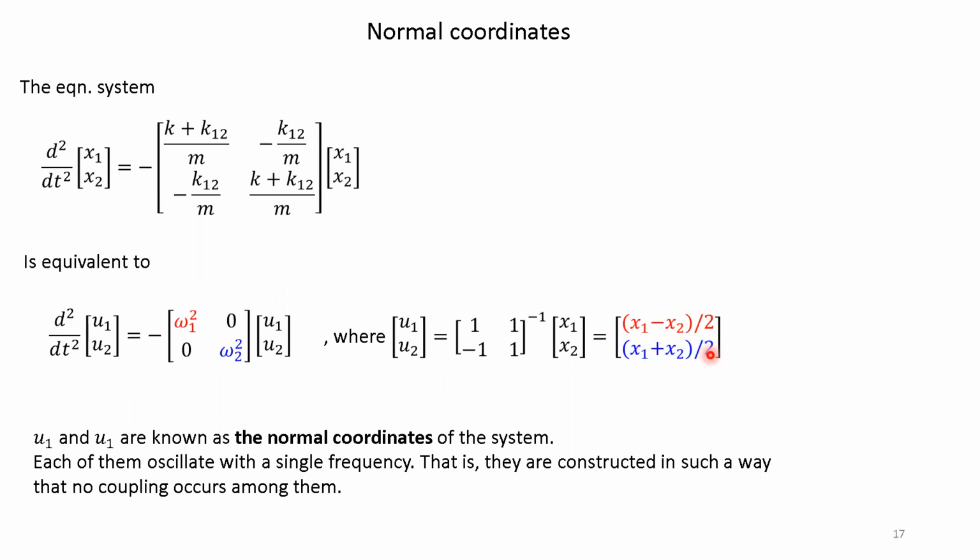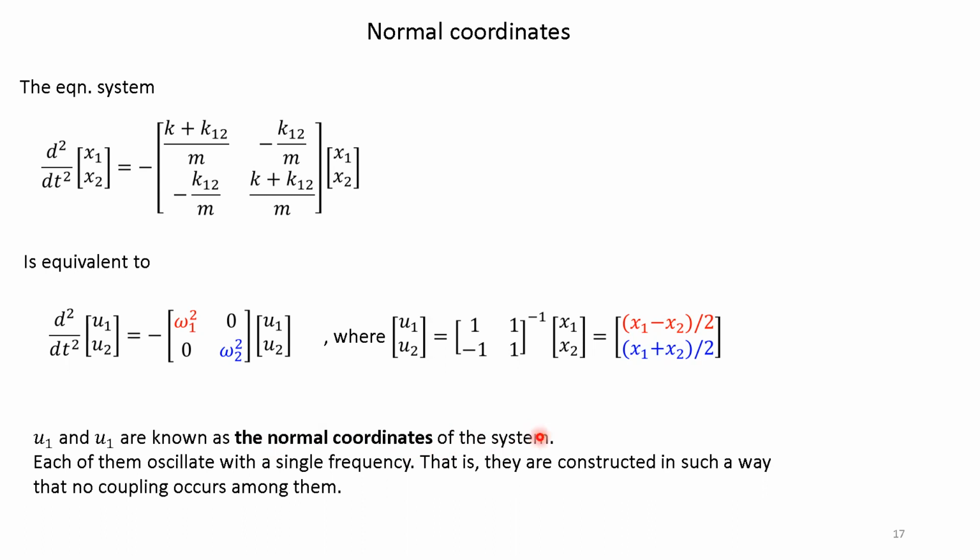What we did just now is that this u1, u2 just appears in the middle of the process of the calculation, and at the end, we never care about what u1, u2 are anyway. But here, this u1, u2 is what we call the normal coordinates of the system.